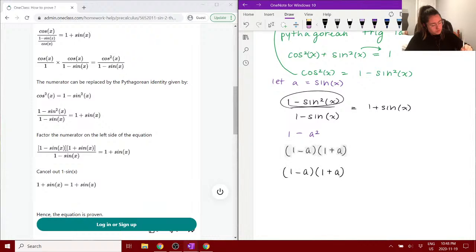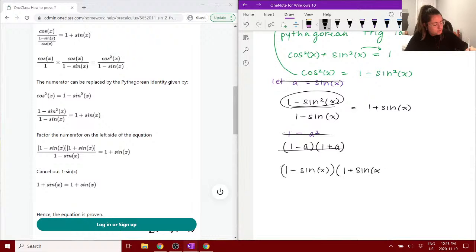So let's apply that with the sine squared now, forgetting about our a. I just wanted to simplify it by writing it like that. So instead we'll have 1 minus sine of x times 1 plus sine of x divided by 1 minus sine x is equal to 1 plus sine x on the other side.